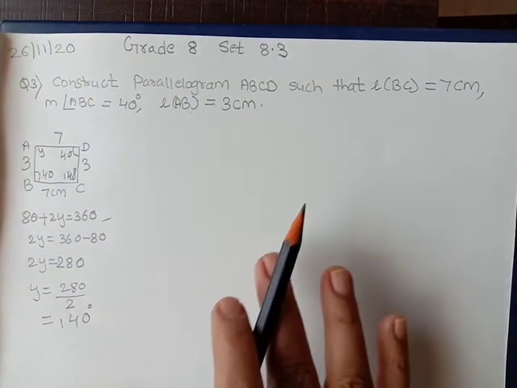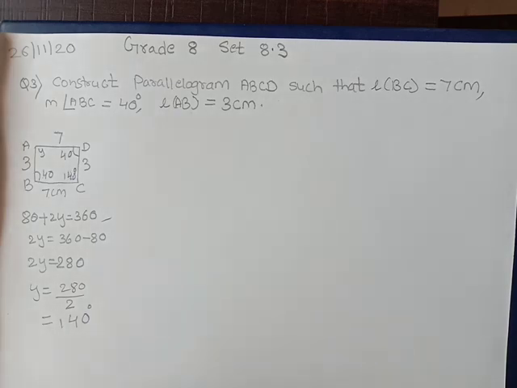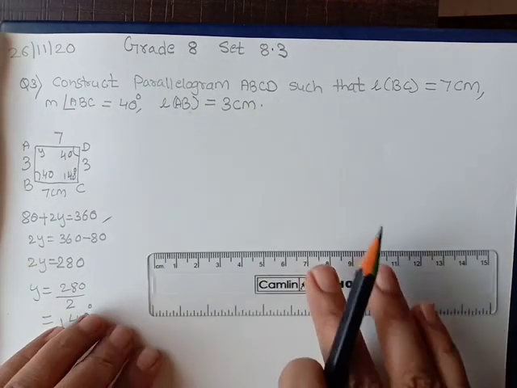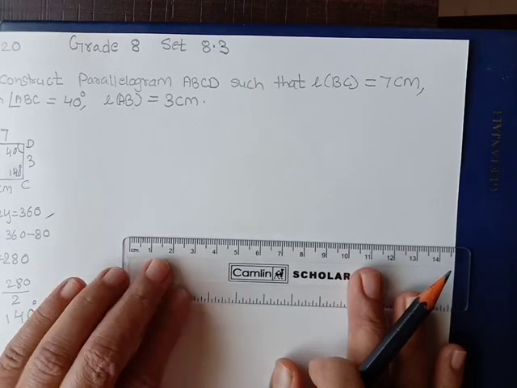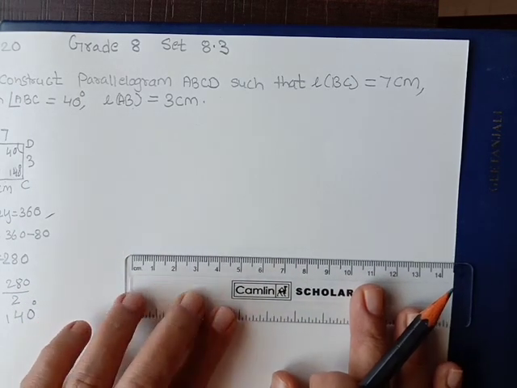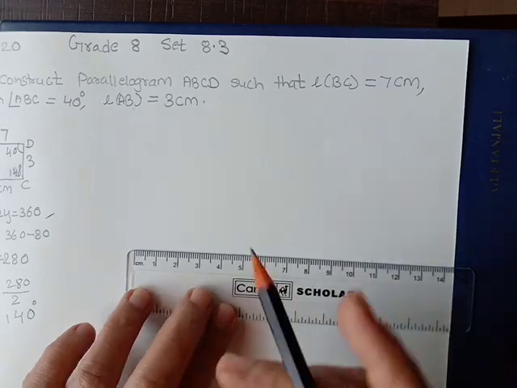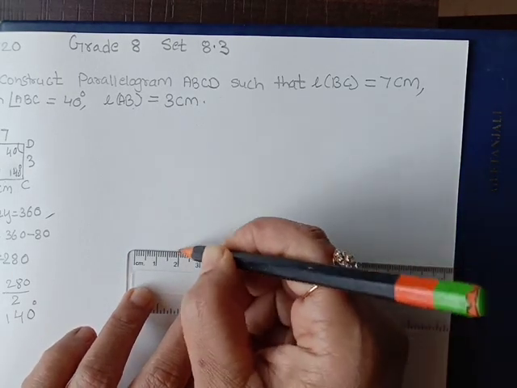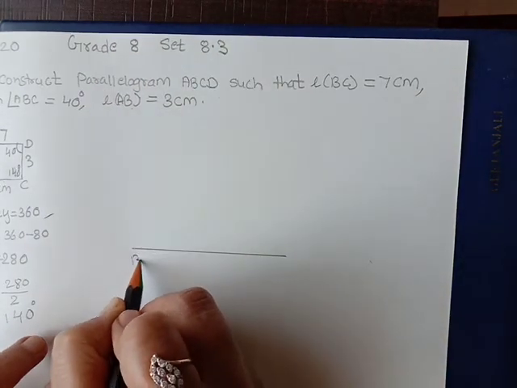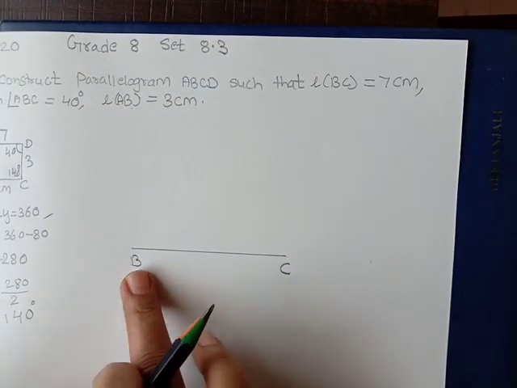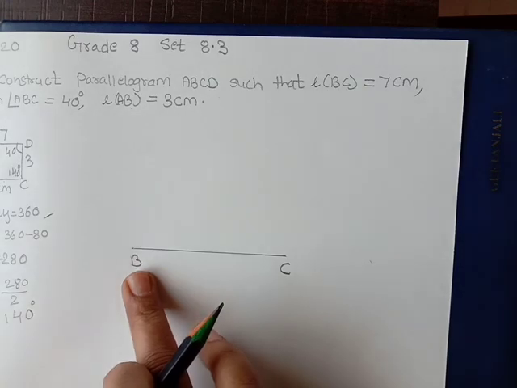First of all, 7 centimeters we are going to draw. So first draw 7 centimeters. So this is 7 centimeters and this is your B and C. How much is angle B? 40 degrees. And this is your left hand side.